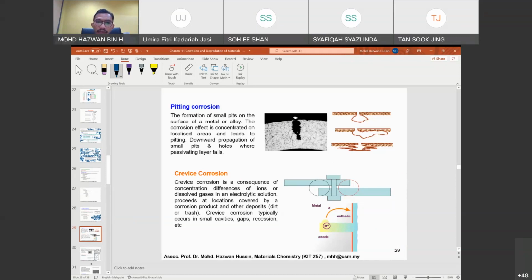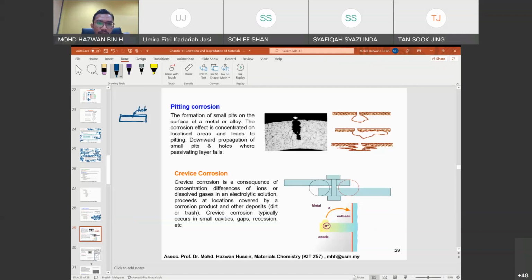For example, with stainless steel, as I said just now, the stainless steel may be exposed to a scratch or defect. With a scratch, the passive or protective layer has a hole.